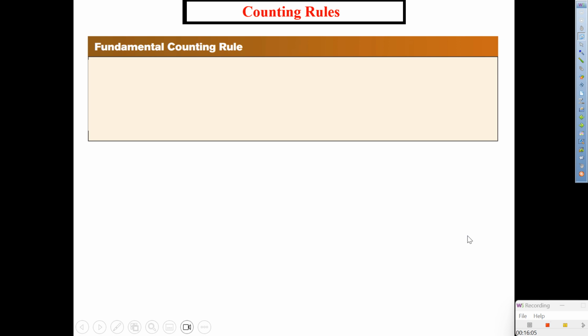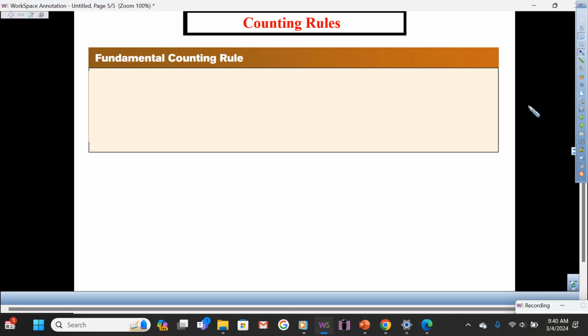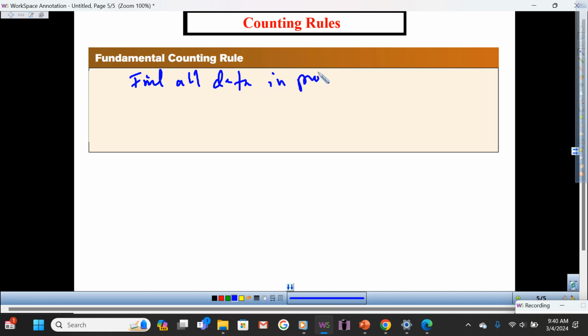All right. You guys need more time? All right, let's see. Peyton, pass to someone. Chelsea, fundamental counting rule. What would you tell someone it is? Find all data. Okay, hold on, don't write this down, but let's sift this through. Find all data. What does that mean? Okay, so find all data in the problem, okay?